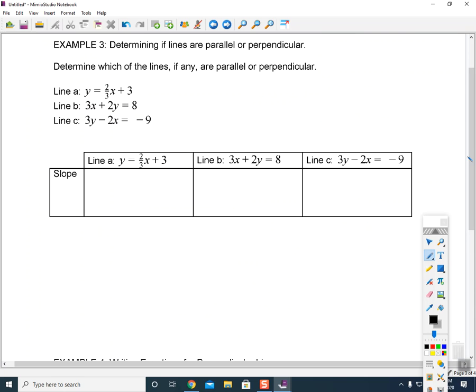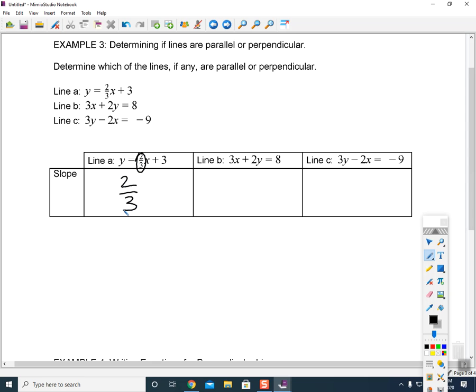So slope's important when we're talking about perpendicular and parallel lines. And so we are going to figure out which are perpendicular and which are parallel based off of the slope that we have. So slope for line A, y equals 2/3 x plus 3. This equation is in slope-intercept form, so I can just look right away and see, oh, my slope is 2/3.